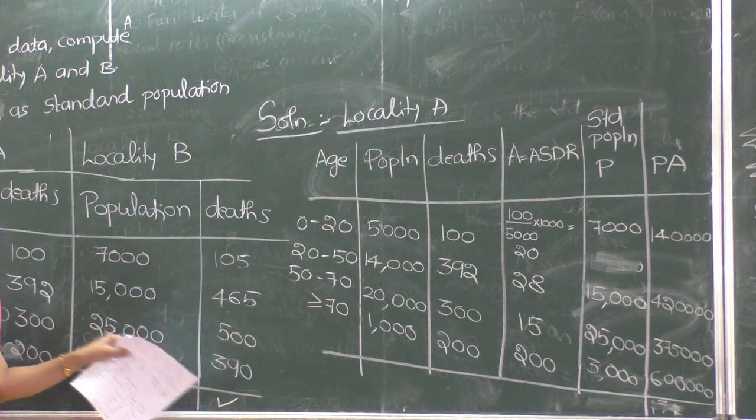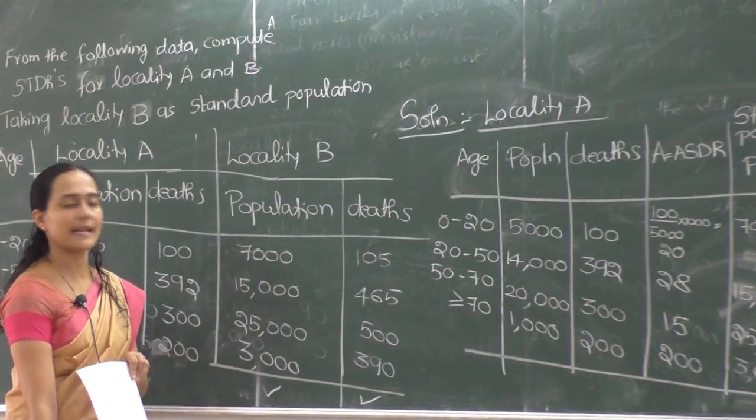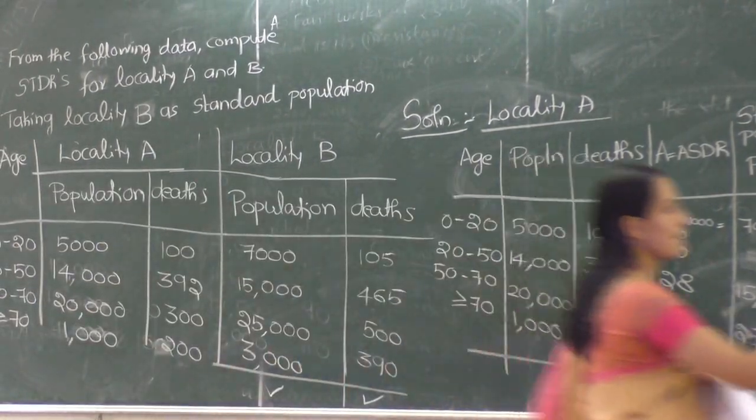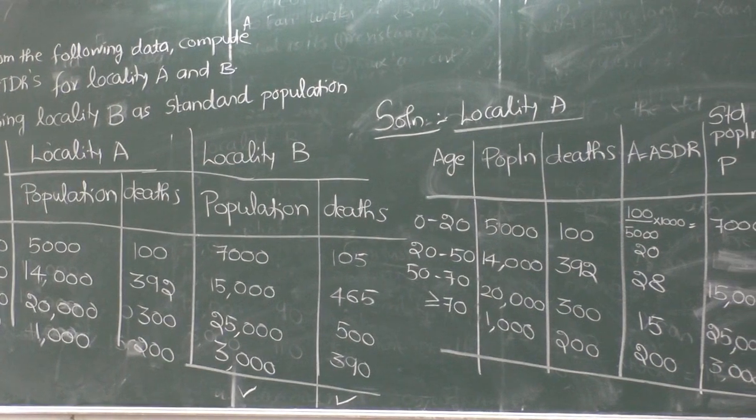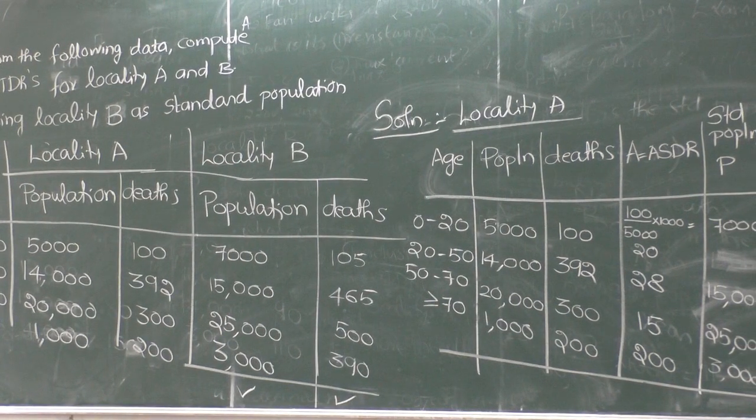So locality B's population is taken as the standard population. Since B itself is the standard population, STDR of B is the same as CDR of B. So CDR of B, what is the formula?